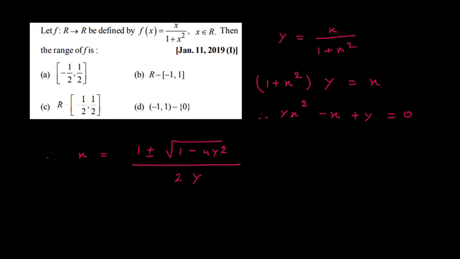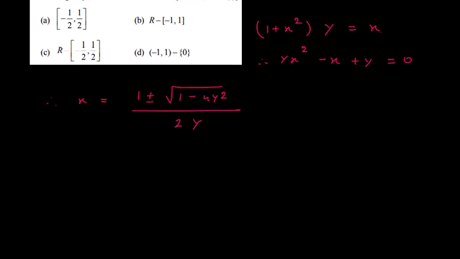Now here you can easily see that 1 minus 4y square must be greater than or equal to 0, right? So I factorize, I will get (1 minus 2y)(1 plus 2y) greater than or equal to 0.